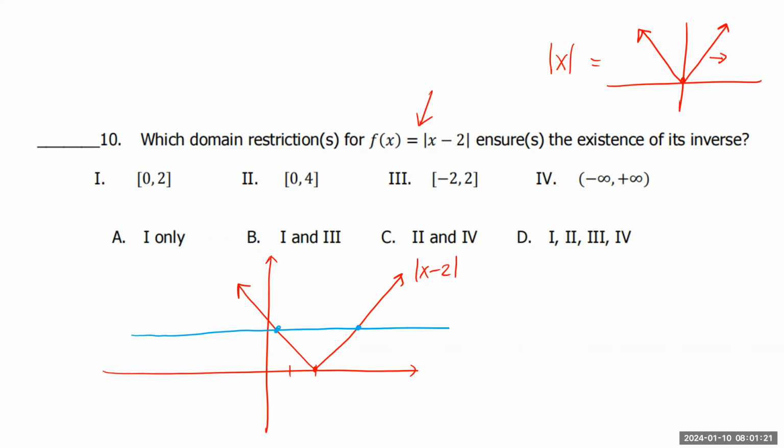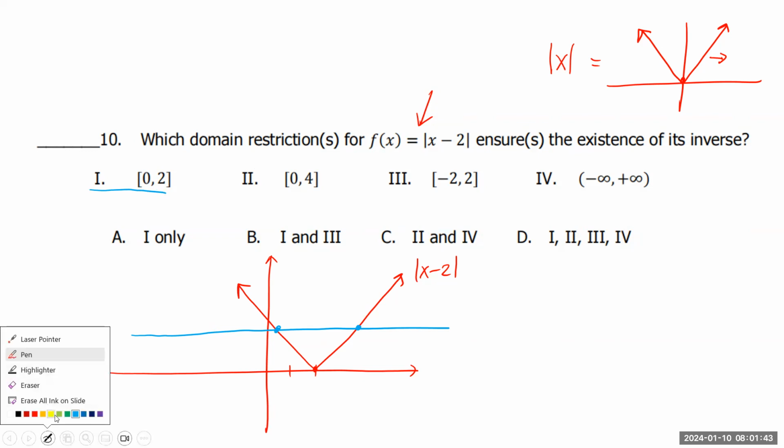So ano yung ibig sabihin ng domain restriction? So we eliminate some parts of the graph para maging one-to-one siya. Okay? So if we try number 1, 0 to 2, what if yung graph natin ay from 0 to 2 lamang?